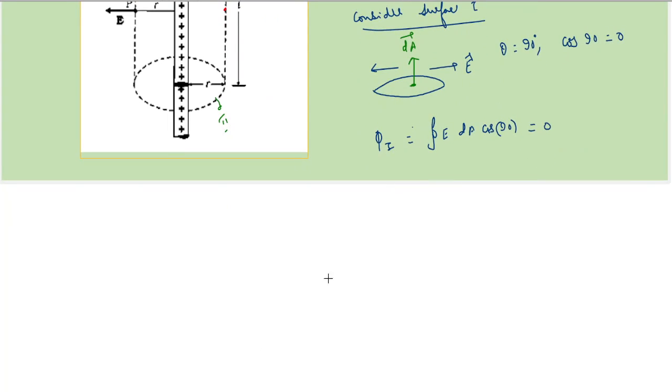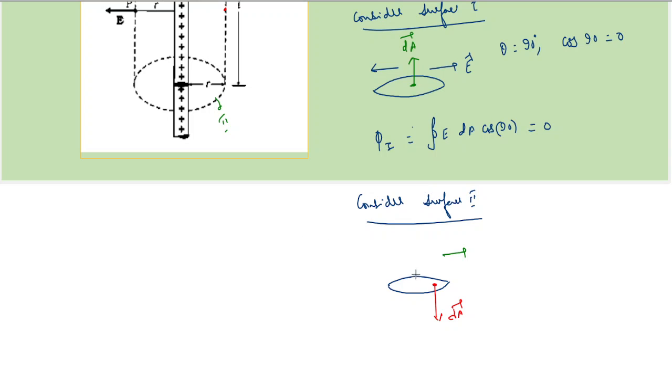Similarly, if we consider surface 2, which is the bottom surface, even there, if you take any small area, then the area vector is normal to that area element. So this would be dA, and the electric field goes either like this or like this, depending on which part we're taking the area element.